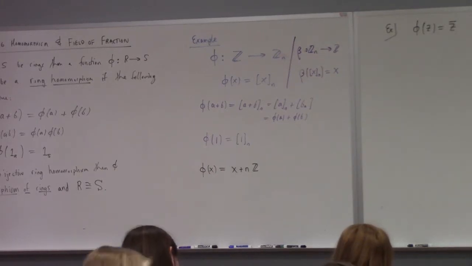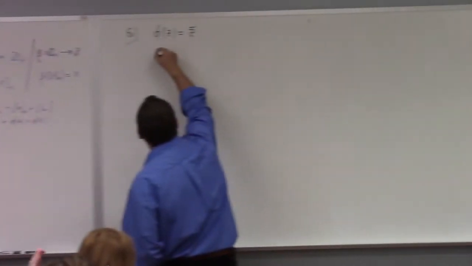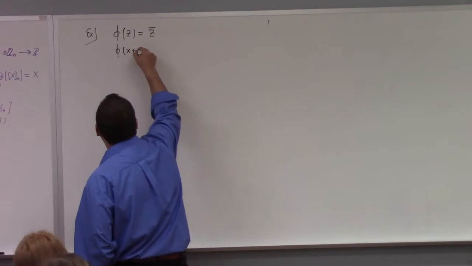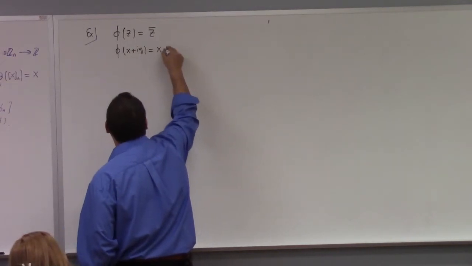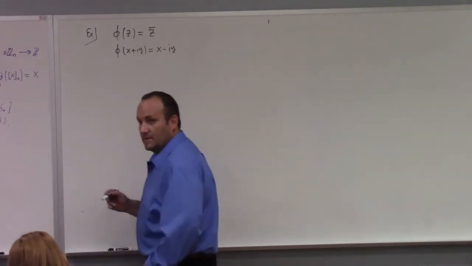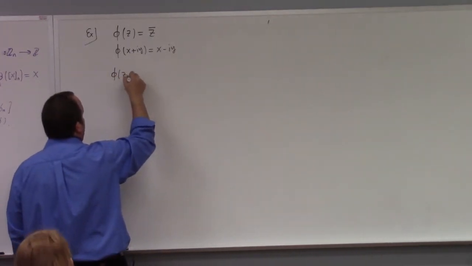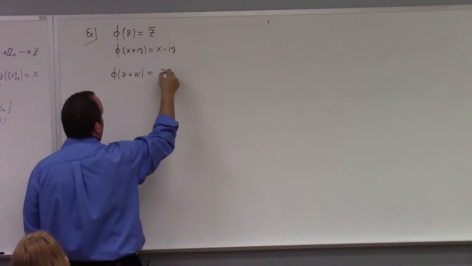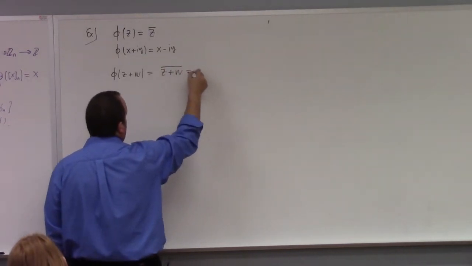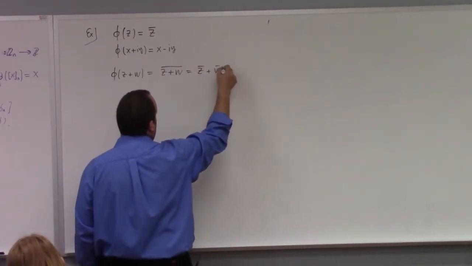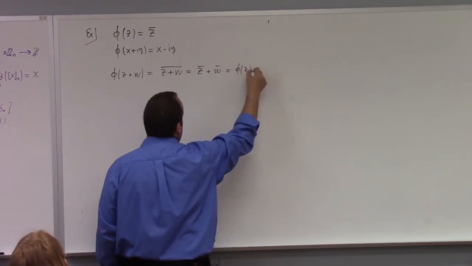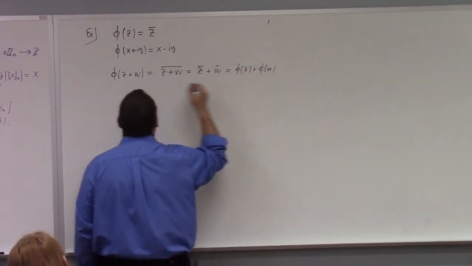So complex conjugation, right? Phi of x plus iy equals x minus iy, right? You can prove that the complex conjugate of a sum is the sum of the complex conjugates, right? And we've talked about this before.